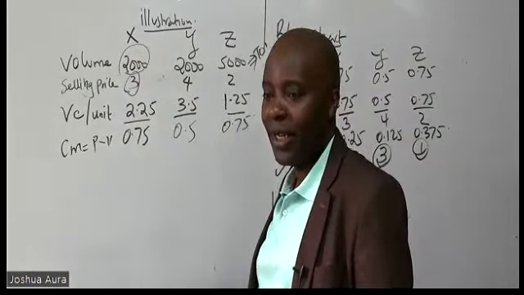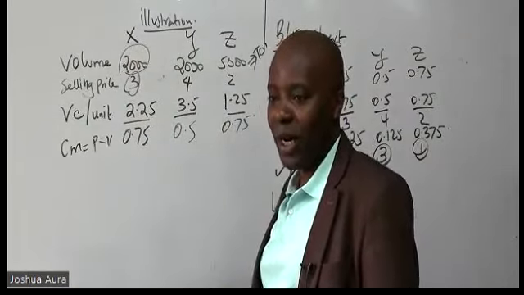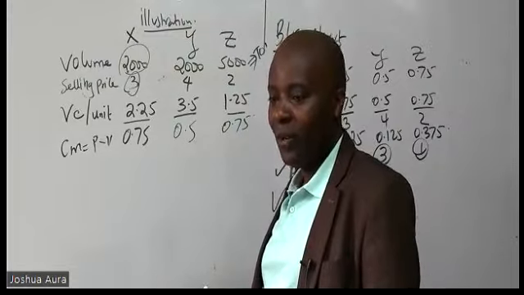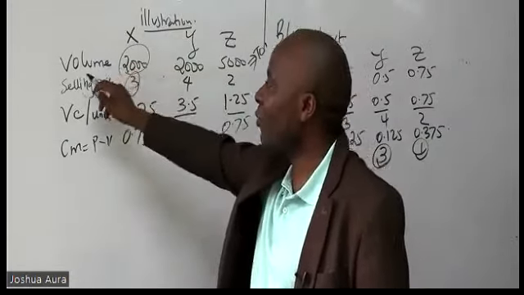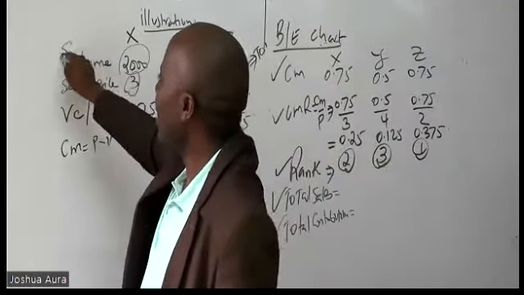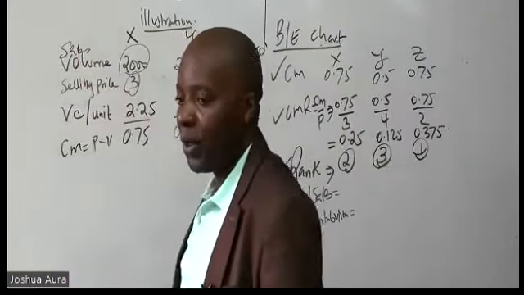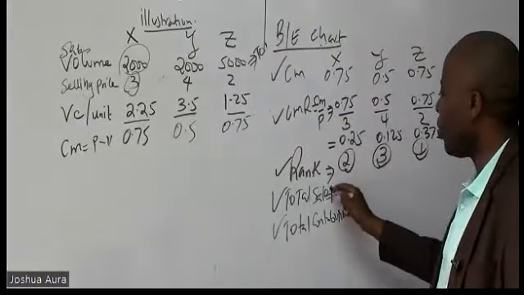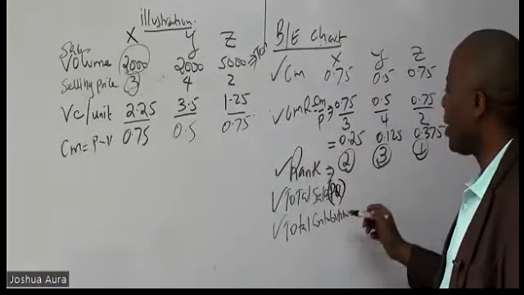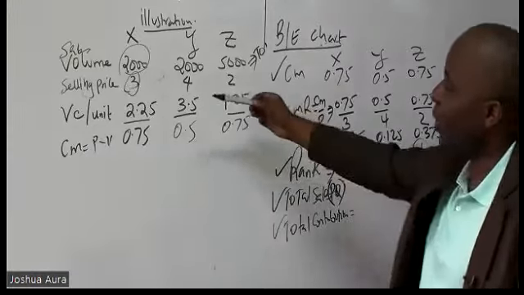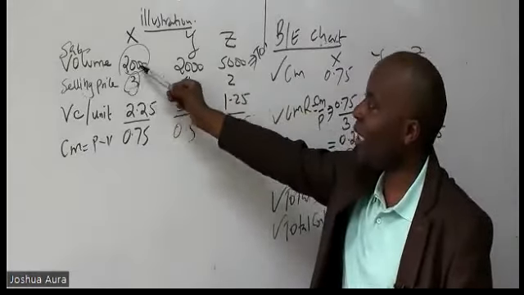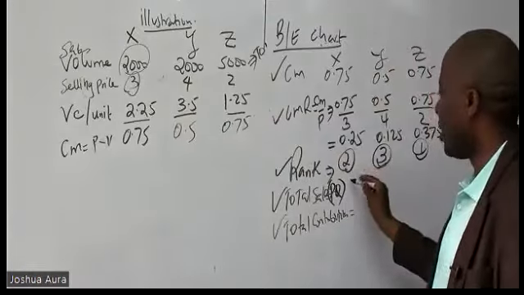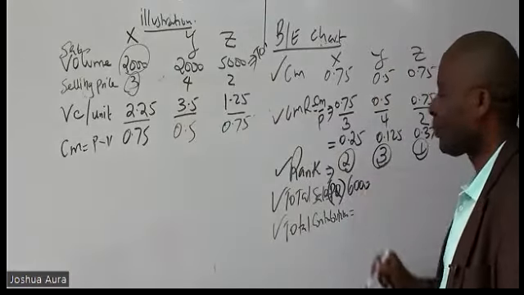We're using the volumes given here. These are the sales volumes. So total sales is price times quantity. You can write it somewhere as you're working. So it will be 3 times 2,000, which gives me 6,000, like that.